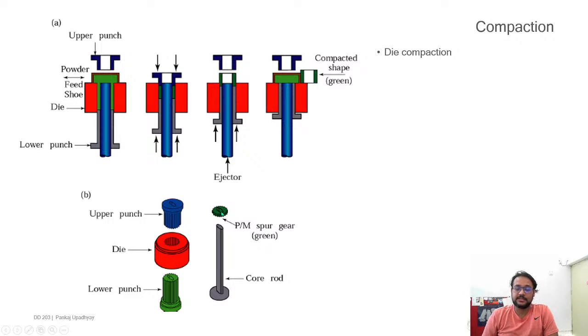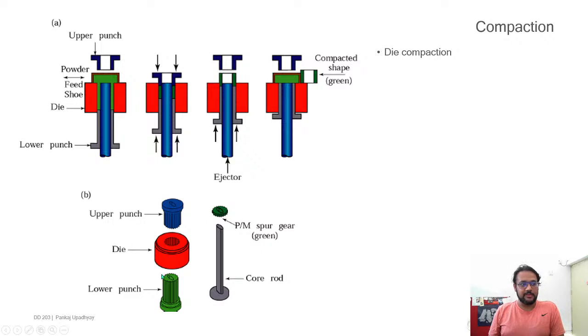The shape of the central axis is slightly elongated, and so machining this would be slightly difficult. I'll come to why powder metallurgy is better slightly later.